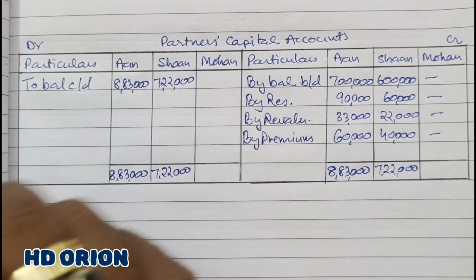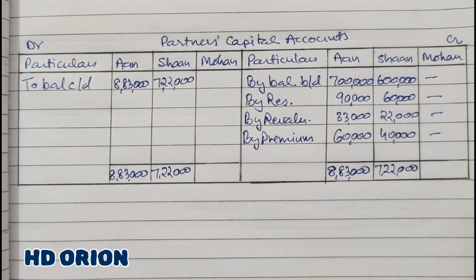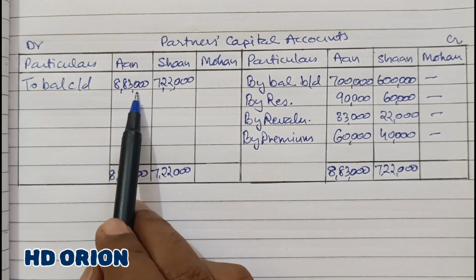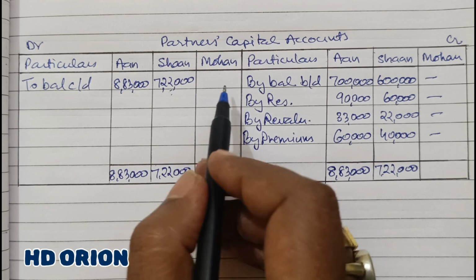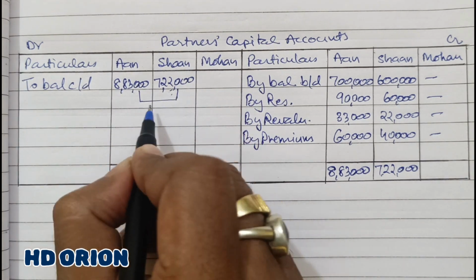Now what is said in the question is that Mohan is to bring in capital equal to 1/4 of the total capital of Ann and Shan after all adjustments. So these are the capitals of Ann and Shan after all adjustments, and Mohan is supposed to bring 1/4 of the total.